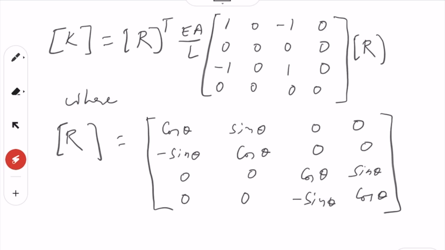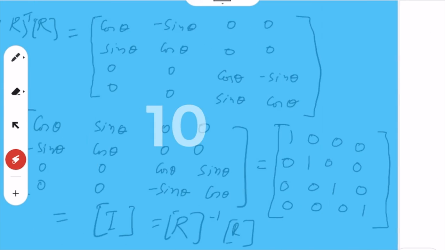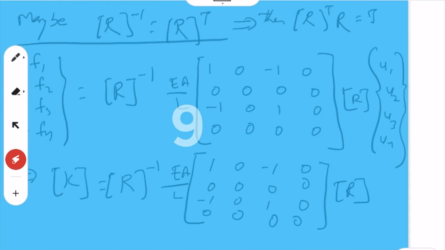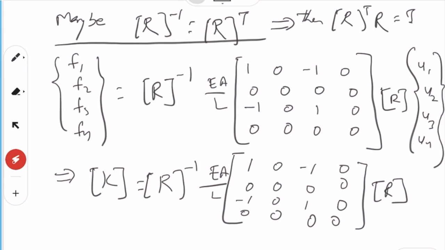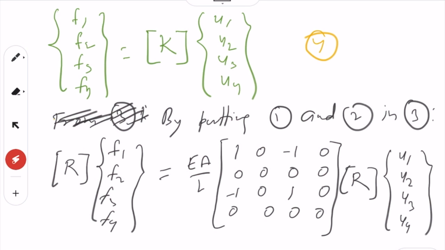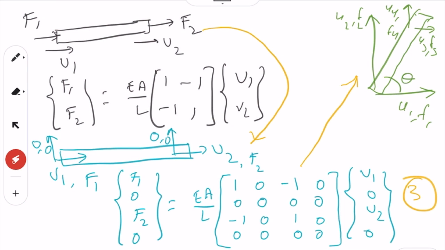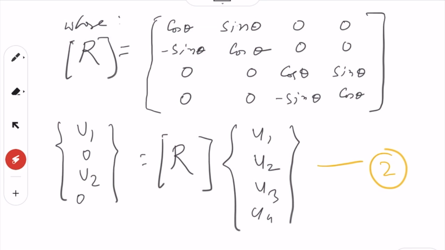Also here you have the forces, and also the relationship between the forces and the displacements as well. So what I mean to say is from here you also know how the displacements are related, meaning the local displacement and global displacement.